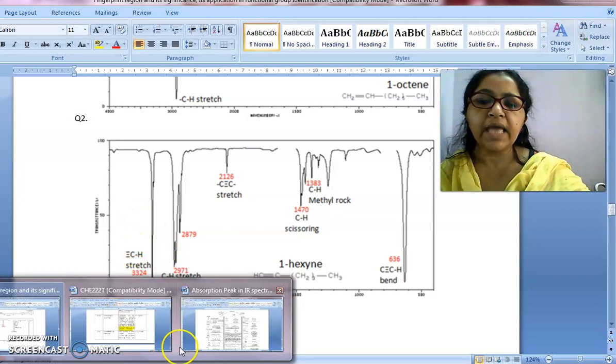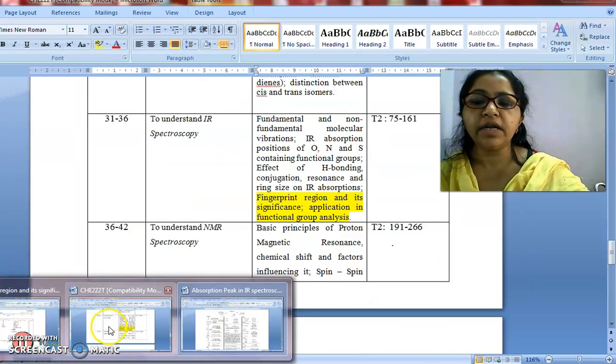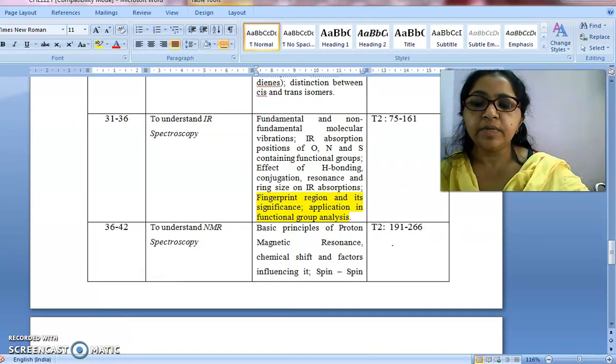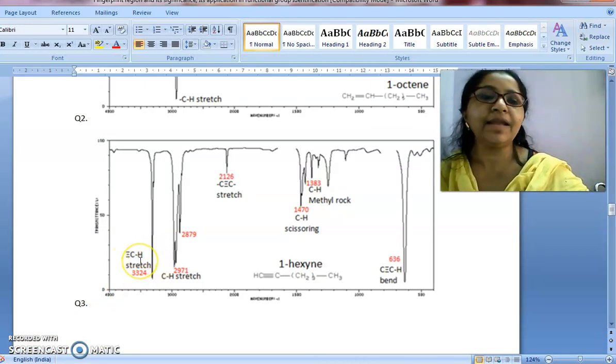Next one, here you can see there is an intense peak at 3324. If you go into the alkyne data, or the total data, you will see that for alkyne particularly there is a 3300 sharp strong peak. So it is very clear that it is having a triple bonded carbon with H. So we can say it is a terminal alkyne.